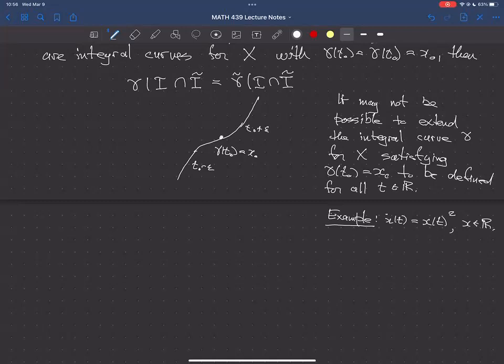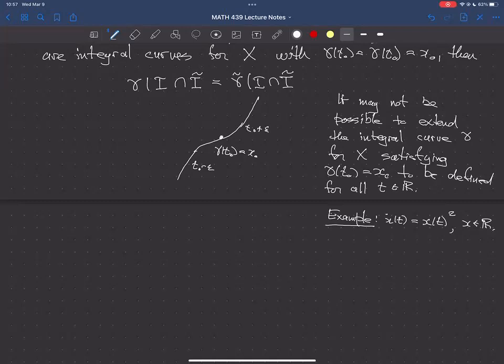Nonetheless, there will be some largest interval, and that interval generally will depend on t naught and x naught. For vector fields like we're talking about here, you can always assume that t naught is equal to 0, but we don't need to bookkeep that right now. There will be some interval around t naught, which is the largest one.